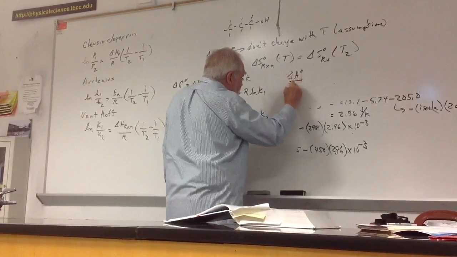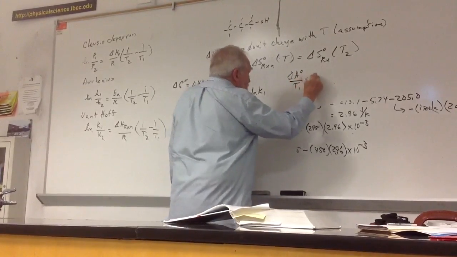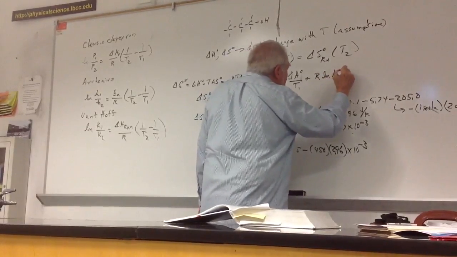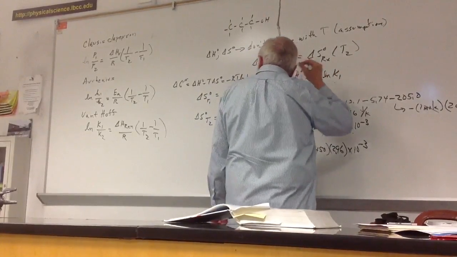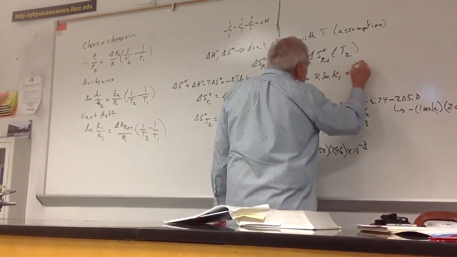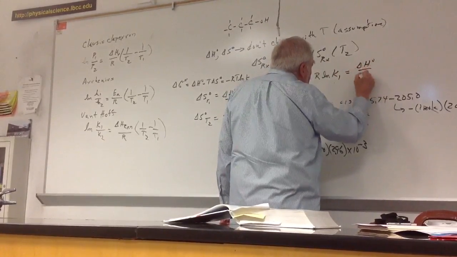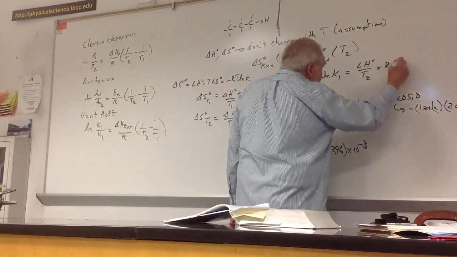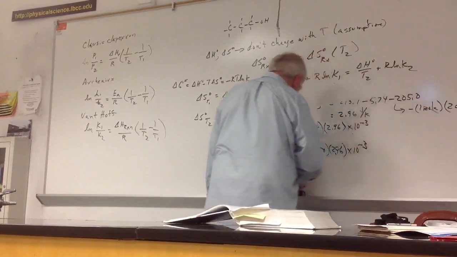Delta H0 over T1 plus R ln K1 equals delta H0 over T2 plus R ln K2.